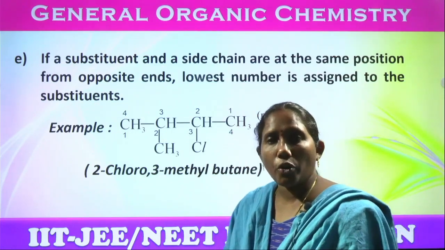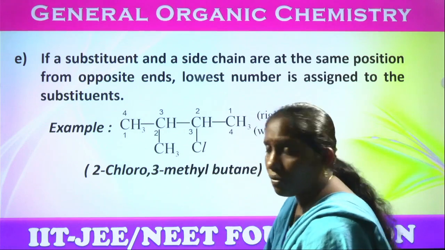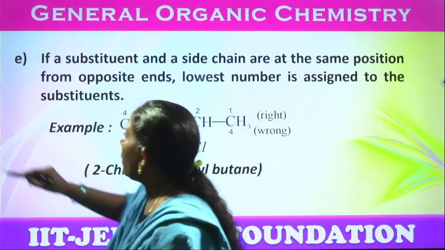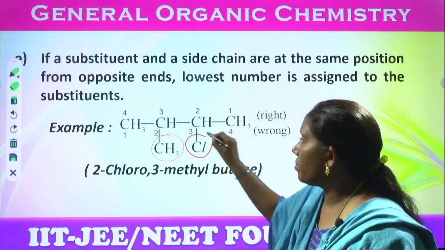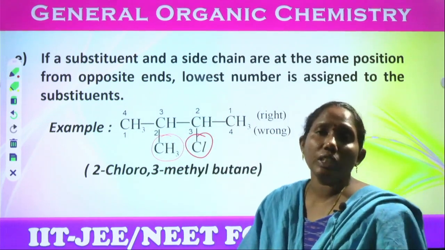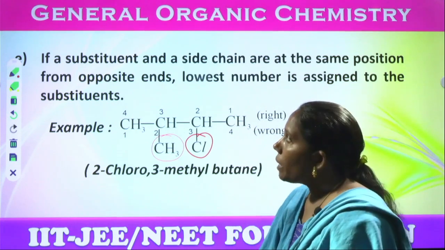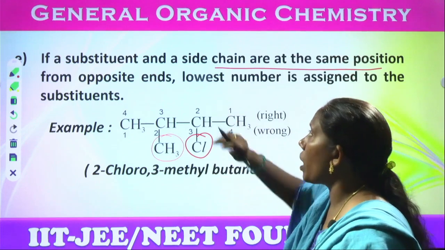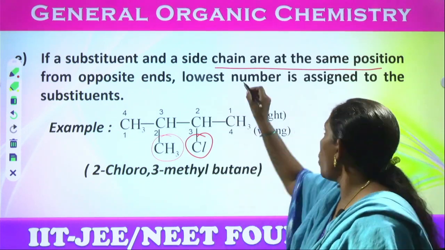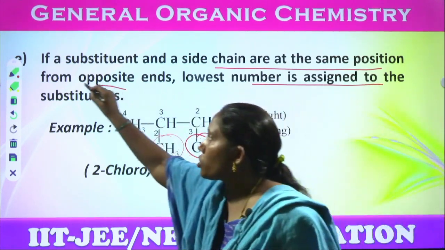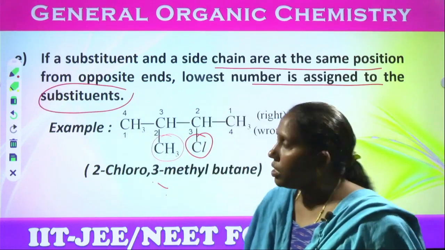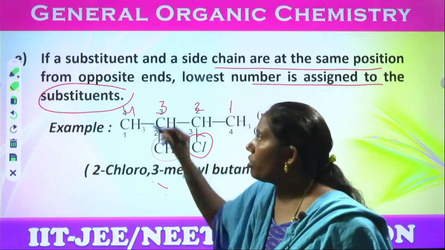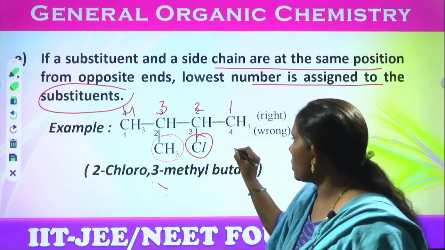Come to the next point. If one alkyl group is present and one halogen group is present, which one do we give the first preference? If substituents of a side chain are at the same positions from the opposite ends, the lowest number is assigned by alphabetical order. Suppose see here 1, 2, 3, 4. Here it is chloro.